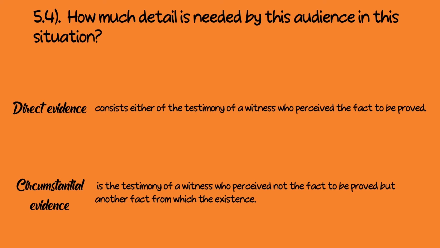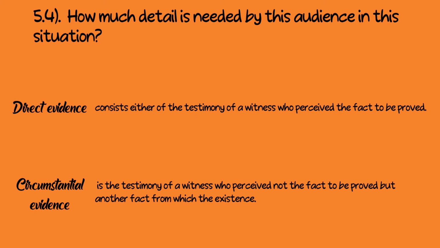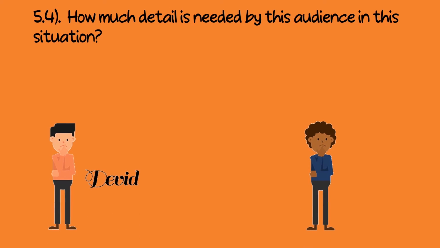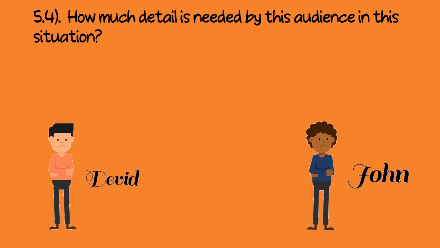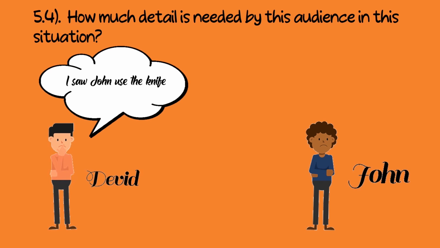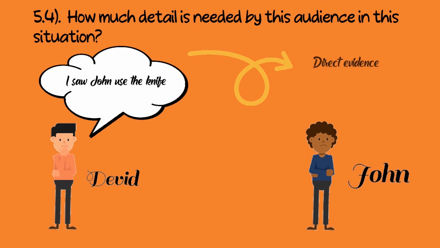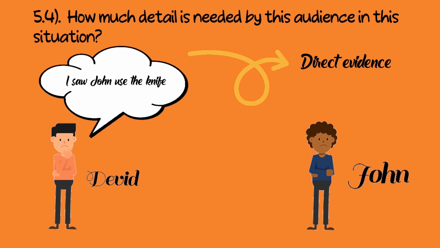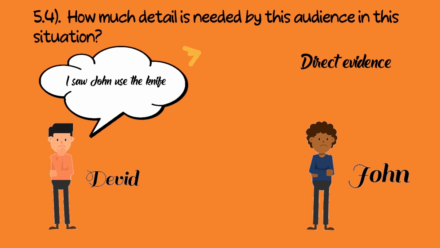In order to understand these two terms clearly, we should take a look at an example together. Suppose we have two people here. One is David and another one is John. Suppose that the fact at issue is whether John used a certain knife. If David said he saw John use the knife, he is giving direct evidence of a fact at issue because he is giving evidence to prove that John used the knife.